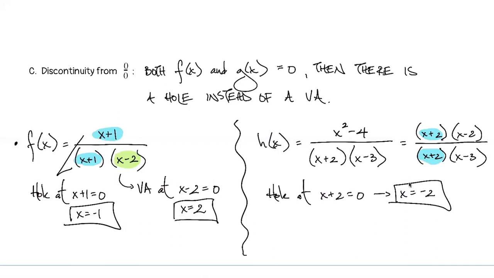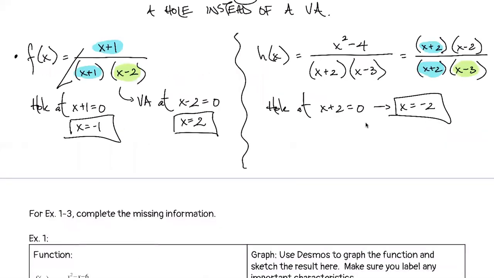Good. And then there's a vertical asymptote at x equals 3. The only factor that's left on the bottom is this minus 3. So that means there's a vertical asymptote at x minus 3 equals 0, or x equals 3.